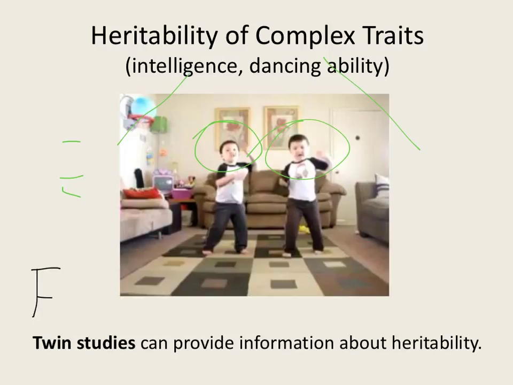Just because of genes, one might be more intelligent than another, less intelligent, or whatever. So we can oftentimes see how important genes are in terms of intelligence. So let's say intelligence is highly heritable. We would see that intelligence in similar environments between these two twins would be nearly identical. But in fraternal twins, we would probably see, just like in siblings, there'd be differences.